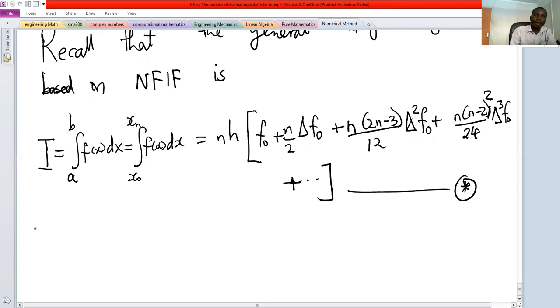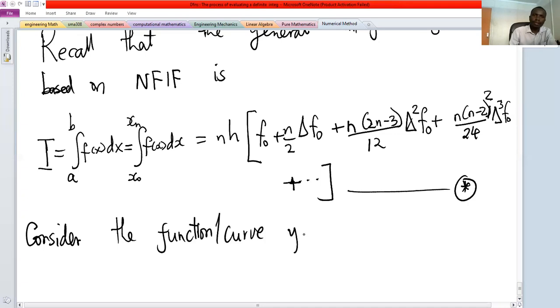Now, consider the function, or we can say curve, y equals f of x, as drawn below.